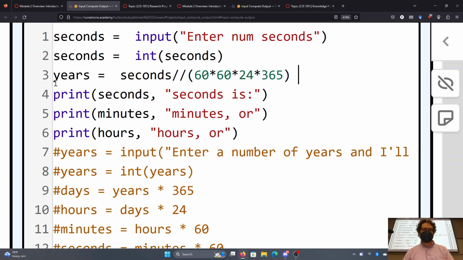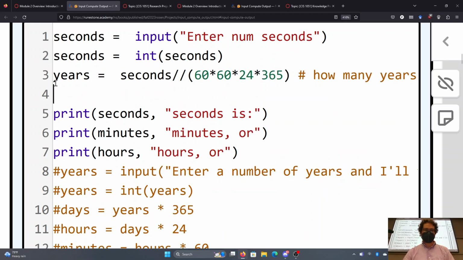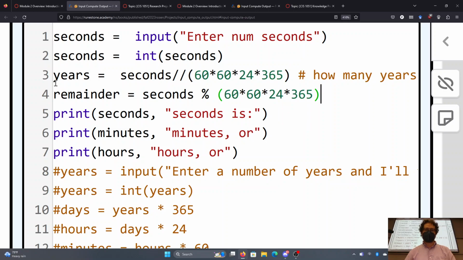So this gives me how many years. And then this part, I'm going to call it leftover, or actually, let's call it what it is mathematically. The remainder, the leftover seconds, will be seconds mod, and then we're going to take that and copy it.